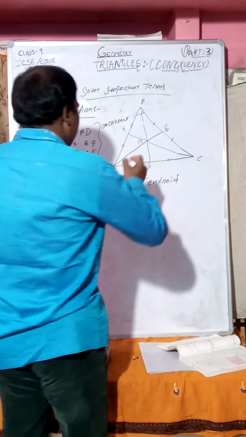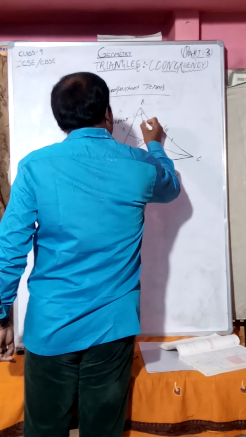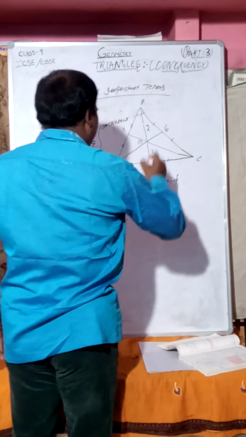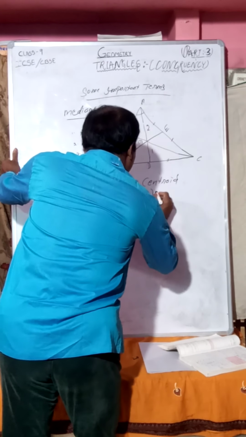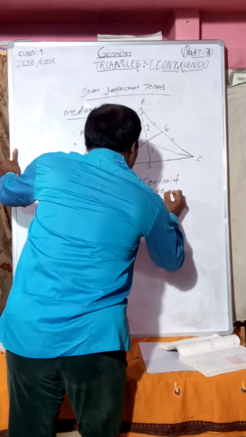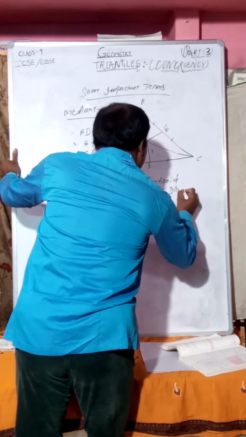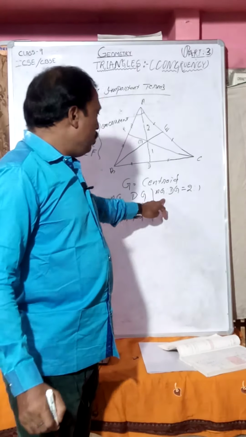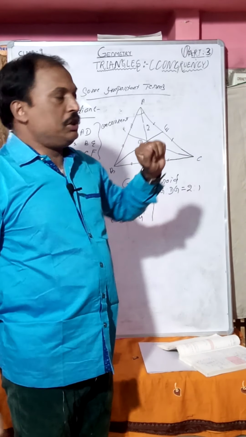The bigger part is 2 and the smaller part is 1. Means AG to DG is equal to 2:1.